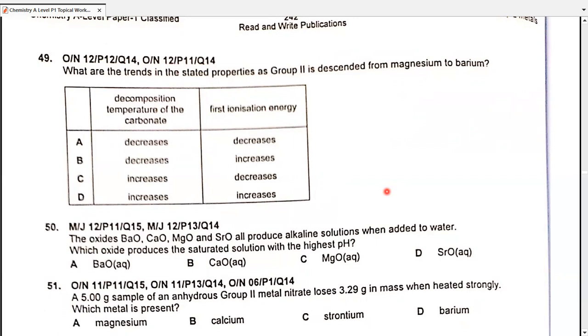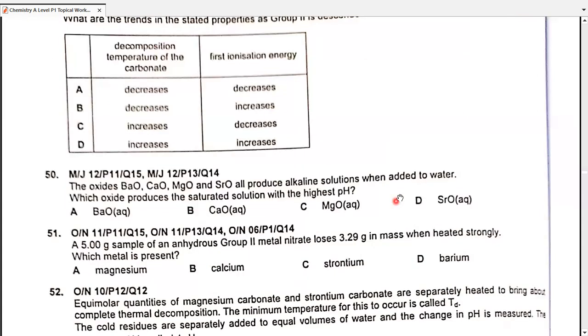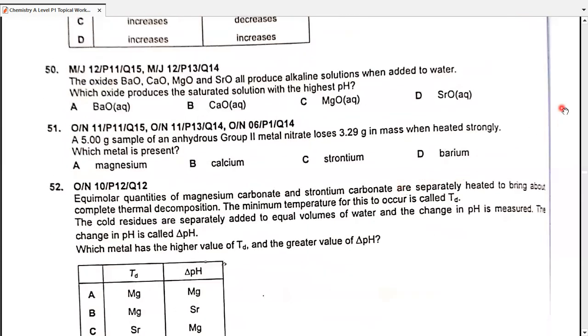All produce alkaline solution when added to water. Oxides become more soluble down the group. So, which oxide produces a saturated solution with the highest pH?